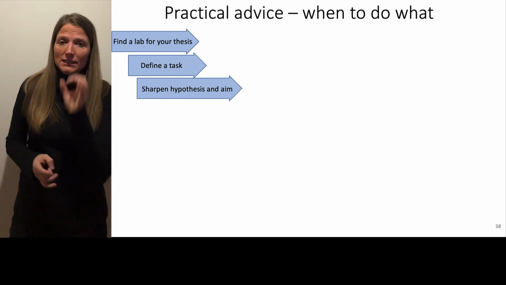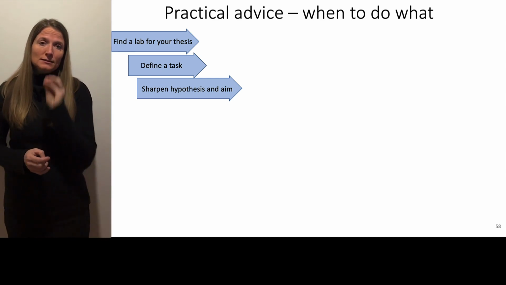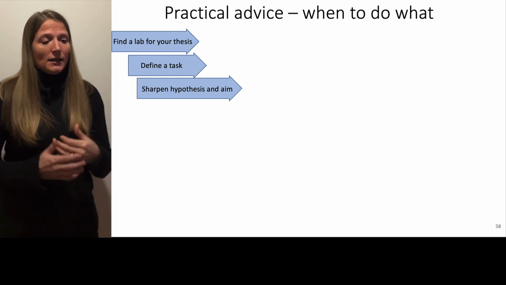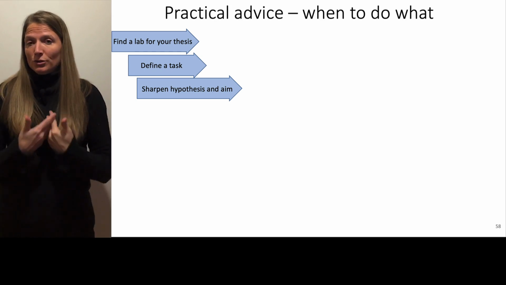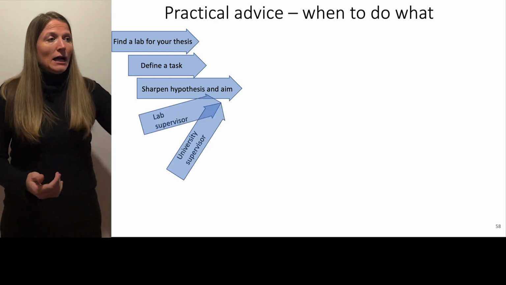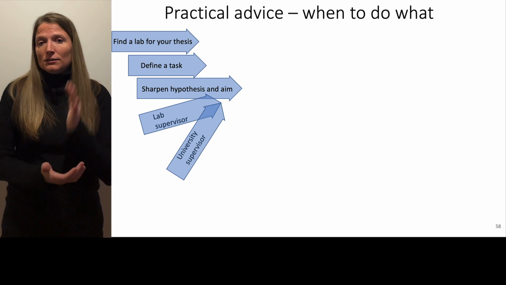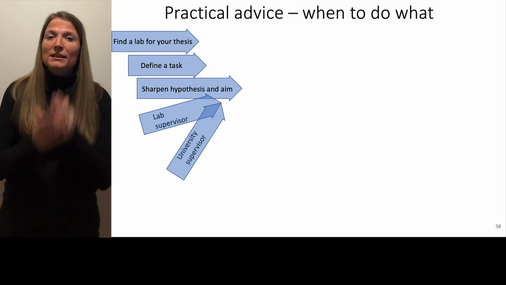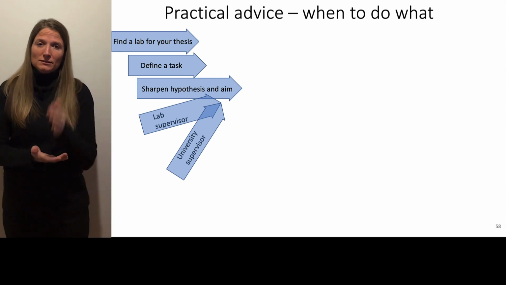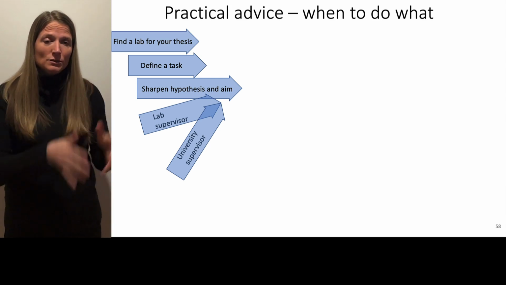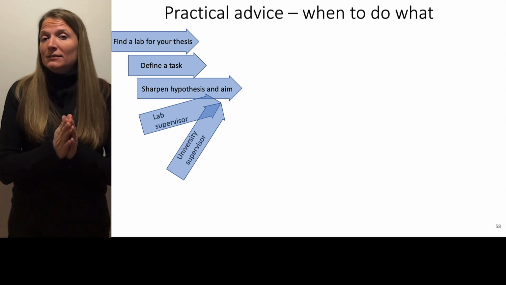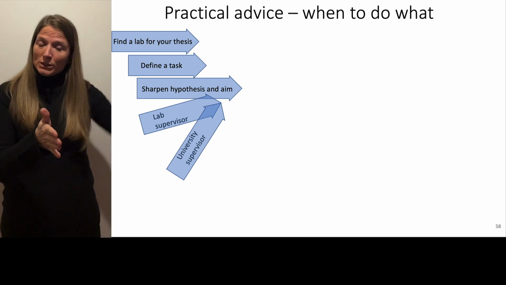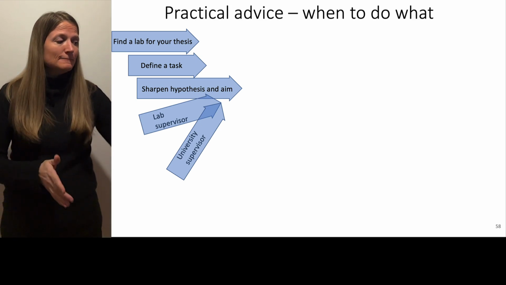Now you need to really sharpen your hypothesis and aims. And if I am asked to be a university supervisor, I jump in here and I really want it written down. What is your hypothesis and what is your aim? Simply to help you sharpen this at the beginning. So when you start your project, you know at least what you aim for and what you envisage to start.